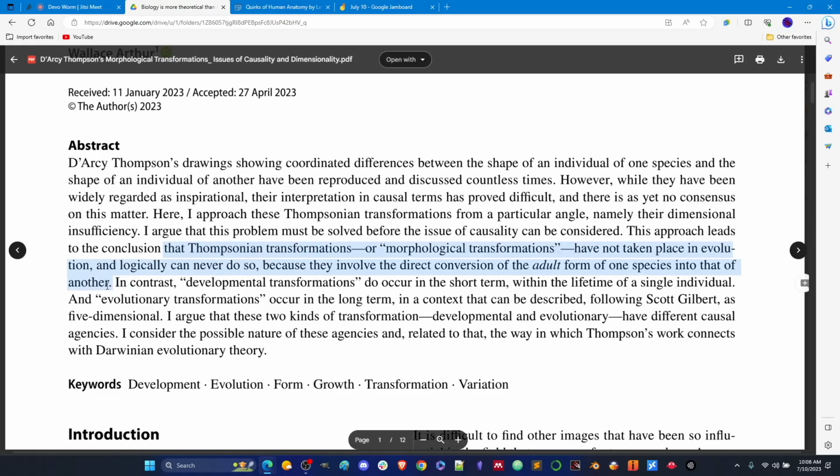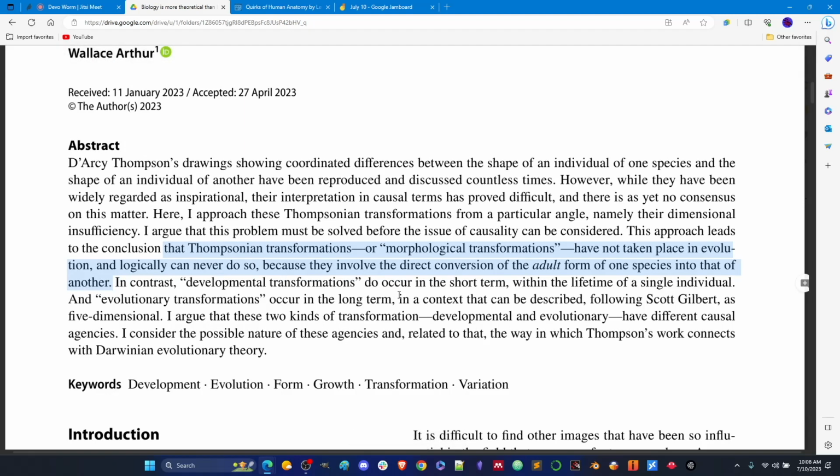The whole idea of the Thompsonian grids is to show this transformation between, like if you want to represent an adult phenotype of one species versus the adult phenotype of another species, you look at these mathematical transformations and you say, well, you assume it must have gotten there in development. But we're not actually measuring that.